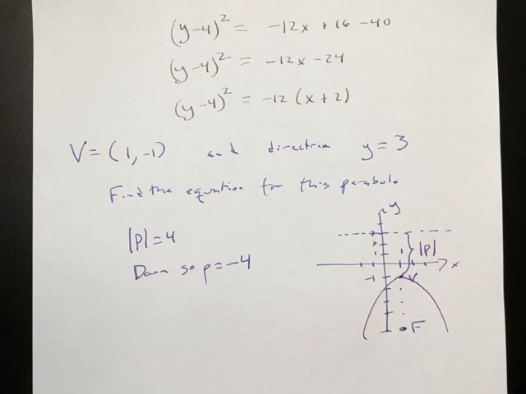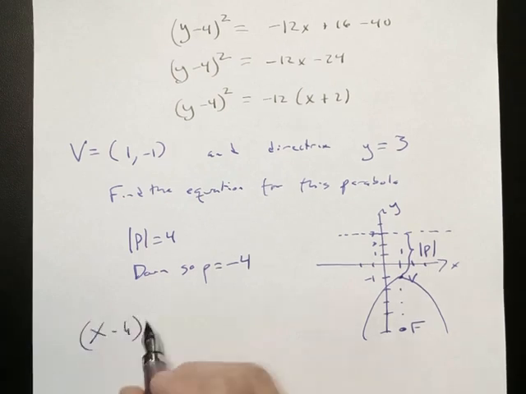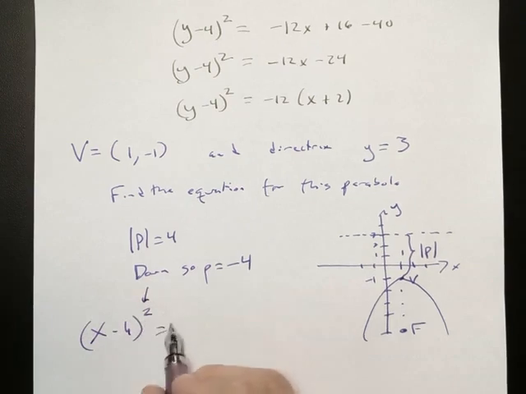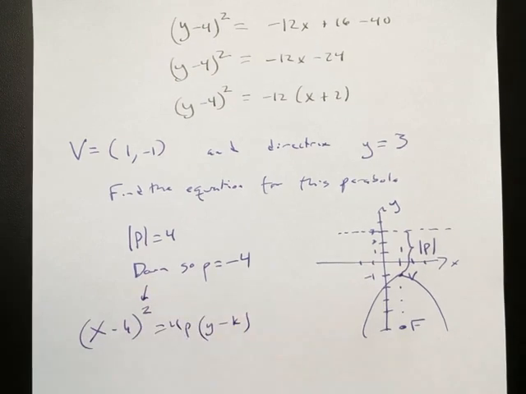Which is squared, x or y? That is correct. X is squared. If the x is squared, then my equation looks like x minus h squared equals 4p y minus k. I know h, I know k, I know p, I know my equation. Where's h?